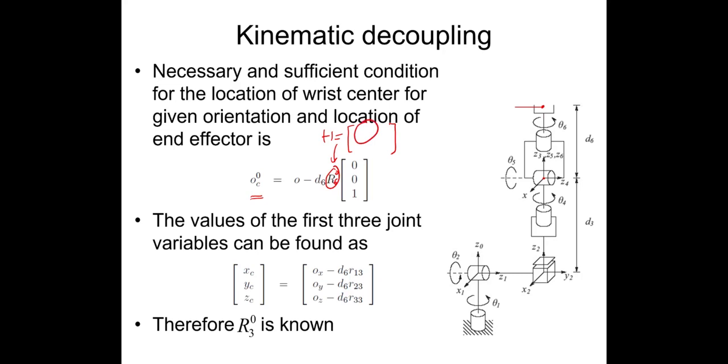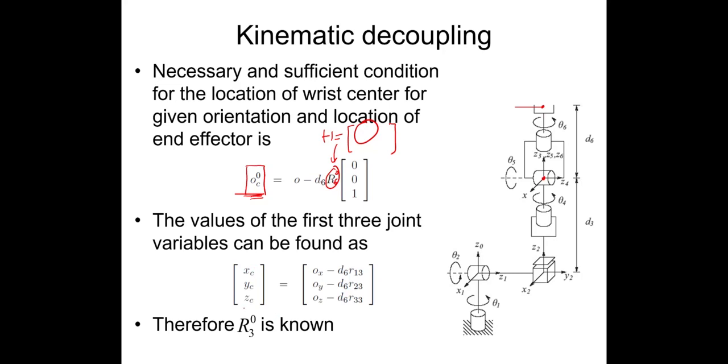Then what is this OC0? OC0, obviously, means the position of the spherical wrist center in the base, and here is my base. So we can use XC, YC, and ZC, which means the coordinates of this point in the world coordinates.